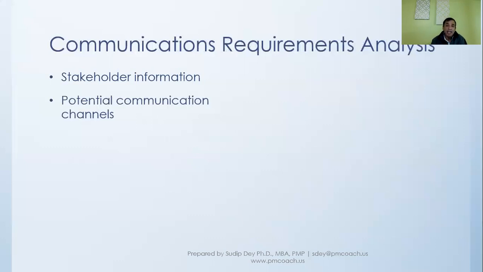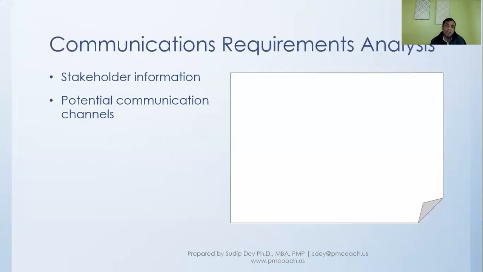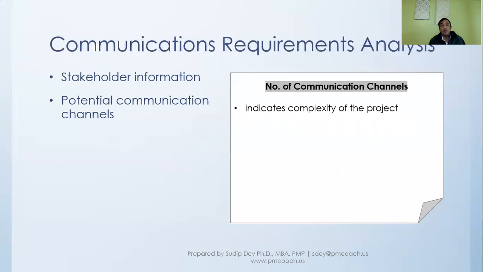Then potential communication channels. The larger the project, the more the potential communication channels. Let's look at it in a little more detail. We can calculate the number of communication channels, and the number of communication channels indicates the communication complexity of the project. If there are more stakeholders in the project, there are more ways this can be communicated. It can be one-to-one, one-to-many, many-to-many, and there are many different ways the communication can get through.